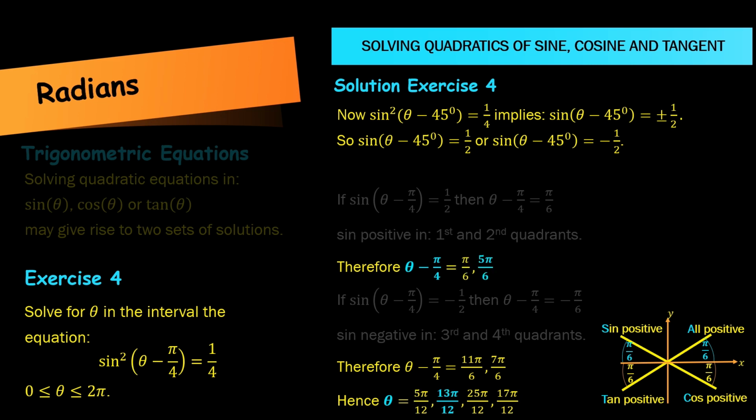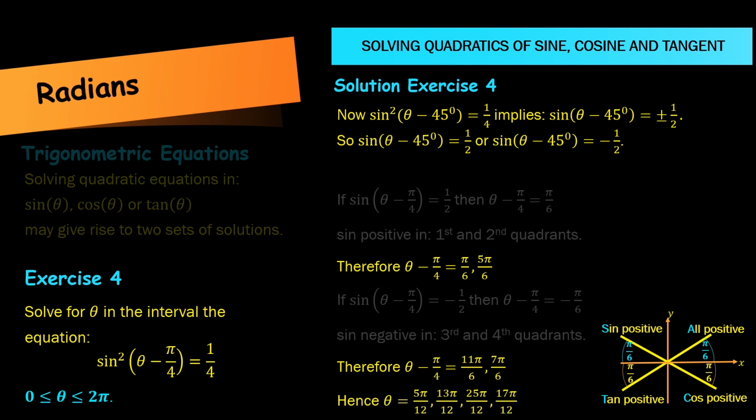Or we obtain theta equals 13 pi by 12 from the equation theta minus pi by 4 equals 5 pi by 6, or theta equals 25 pi by 12, which is obtained by solving theta minus pi by 4 equals 11 pi by 6, or theta equals 17 pi by 12, which is obtained by solving theta minus pi by 4 equals 7 pi by 6.